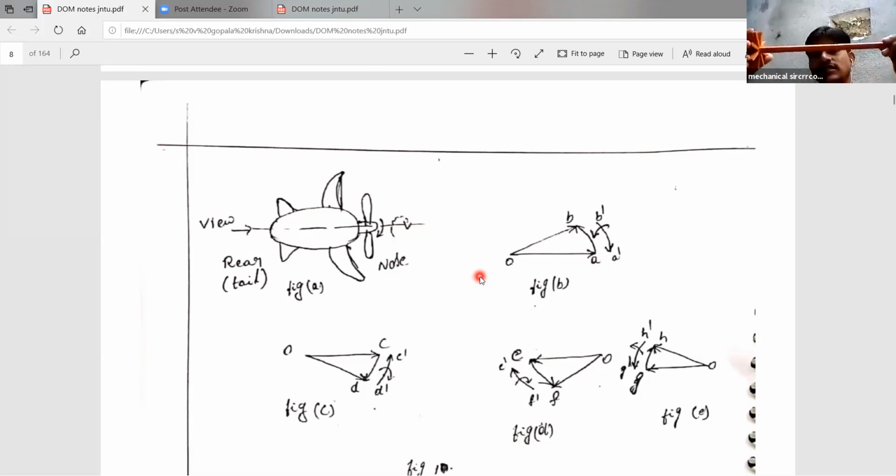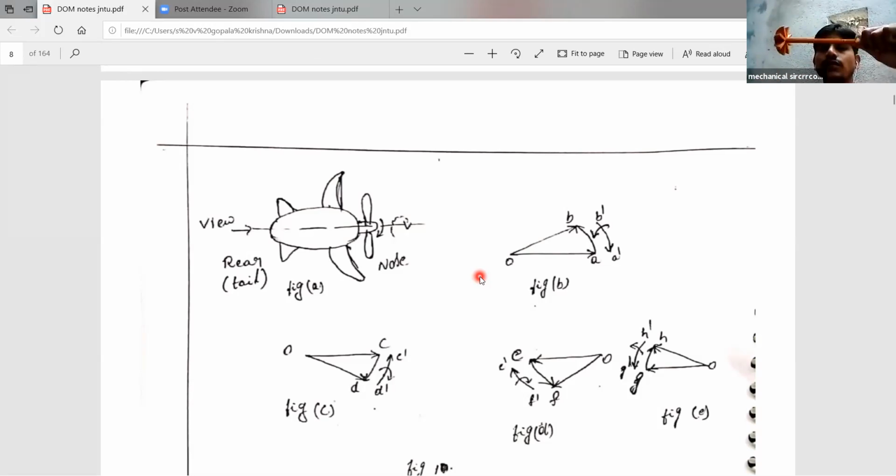This is just taken as the aeroplane, and this is the propeller. The propeller rotates in the clockwise direction when viewing from the rear end, this side, and the plane takes a left turn. That means left turn, and it may also go the same.